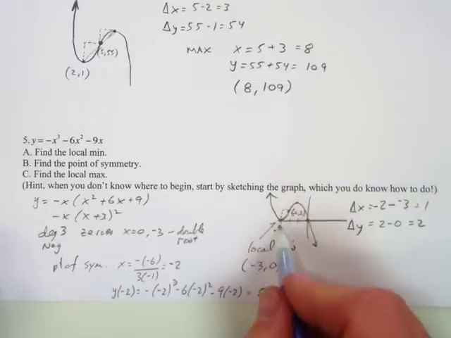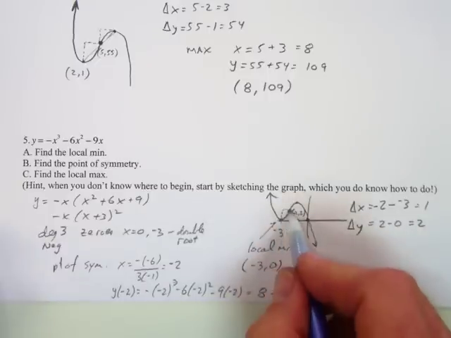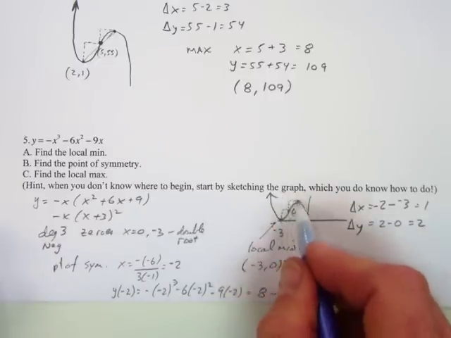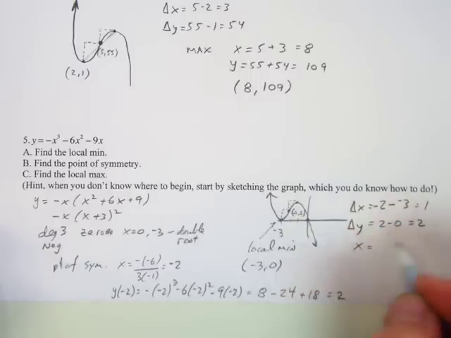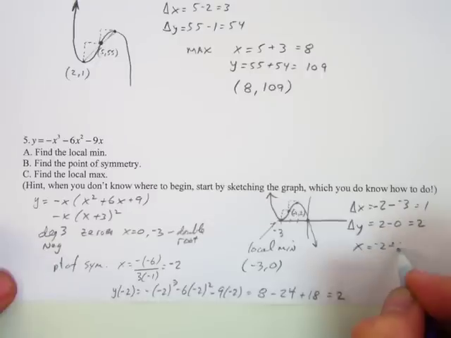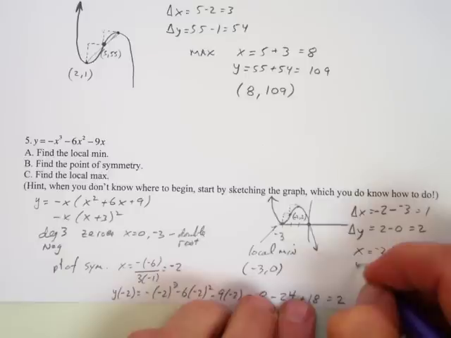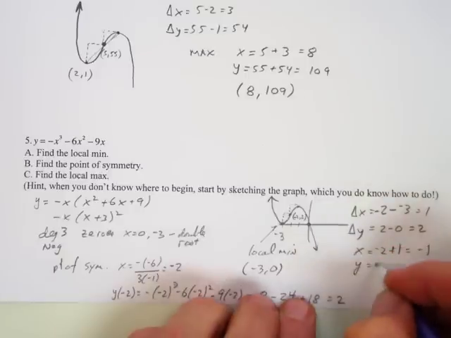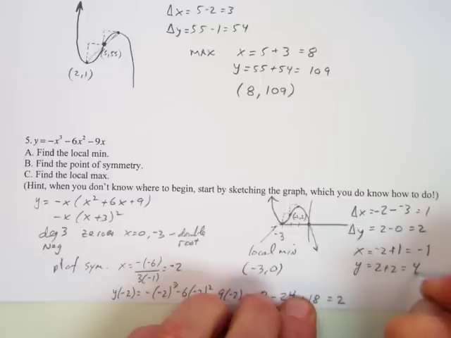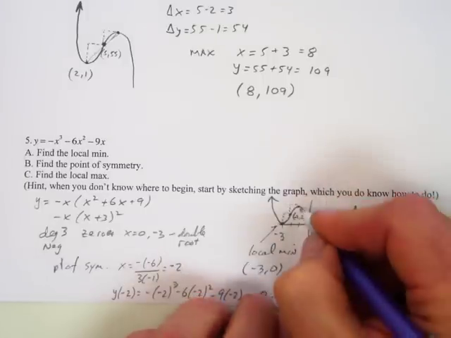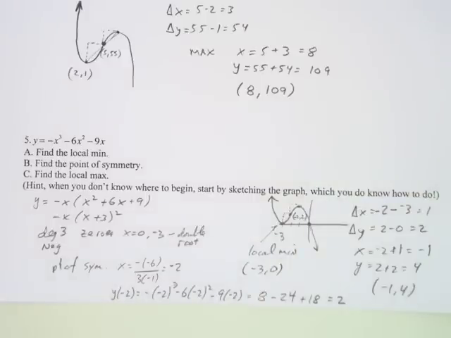I'm going to be going up 2 and right 1, so I'm going to go up 2 and right 1 again. So my x value is going to start at the negative 2, and it's going to add 1. So that gives us negative 1. The y value is going to add 2 to it, so it gives us positive 4. So we'll have (negative 1, 4), and that'll be my max, and that is it.